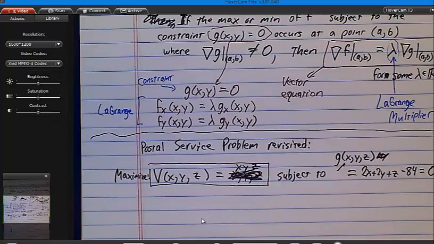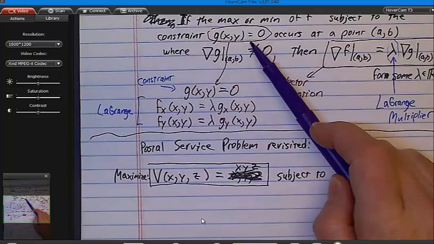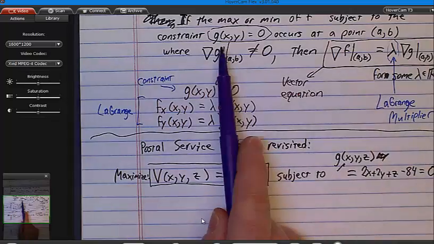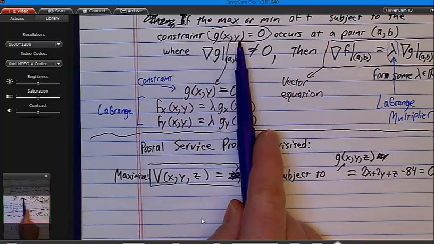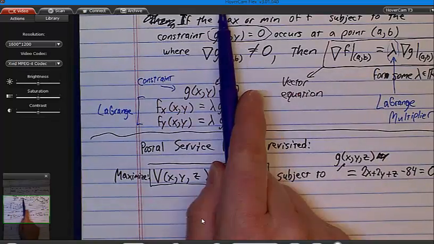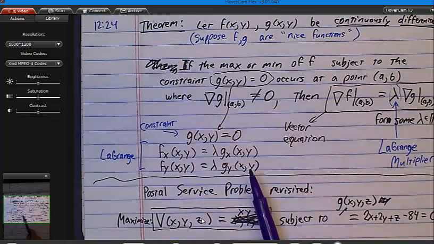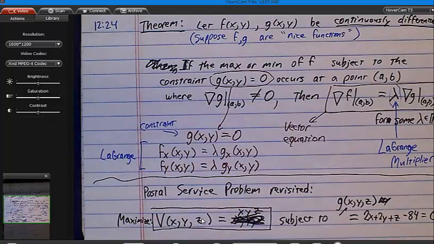If you're trying to follow along from this theorem, the problem is I gave you the wrong version of the theorem, because g here is just a function of x and y, and f is a function of x and y, and so this theorem is true, right? But it's also true in higher dimensions. So let me show you the book for just 1 second.